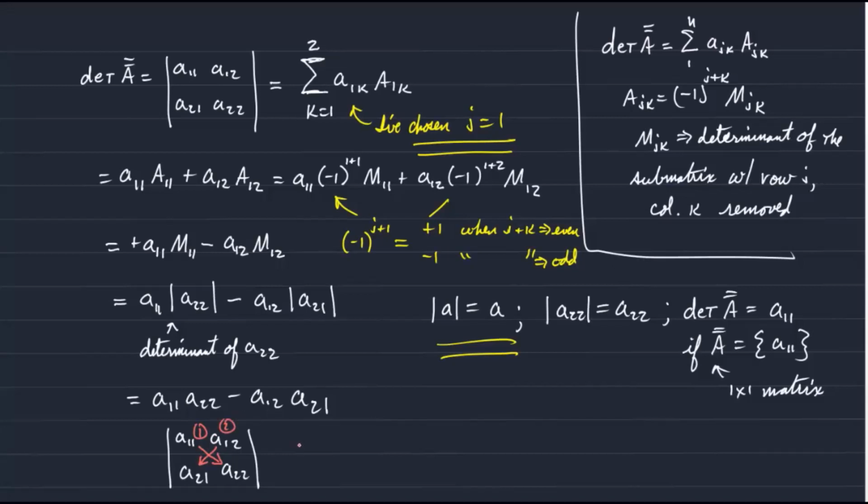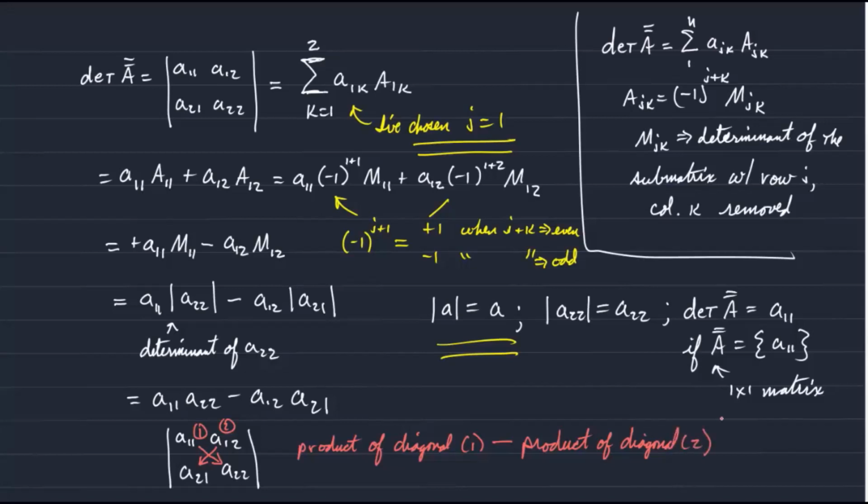So it's the product of diagonal 1 minus the product of diagonal 2.